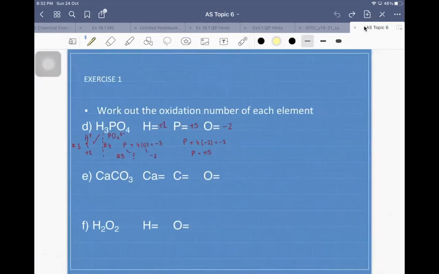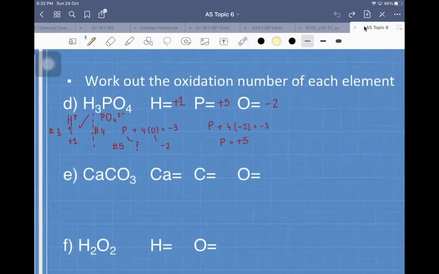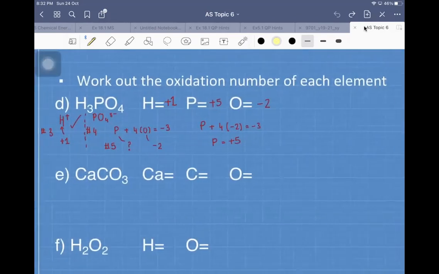So in your questions in forms, I've already asked you to work out the oxidation number of calcium carbonate. So just check that for calcium carbonate, you should have gotten calcium as +2, carbon as +4, and oxygen as -2.